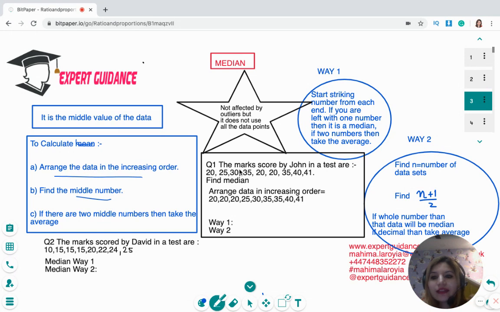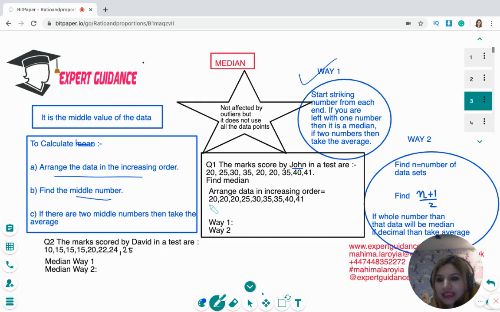To work out the middle value, we have two ways. Way number one is to start striking off the numbers from each end until you are left with a single number or two numbers. If you are left with a single number, then that number will be your median. Let's take an example. John's scores are mentioned here and you need to work out the median.